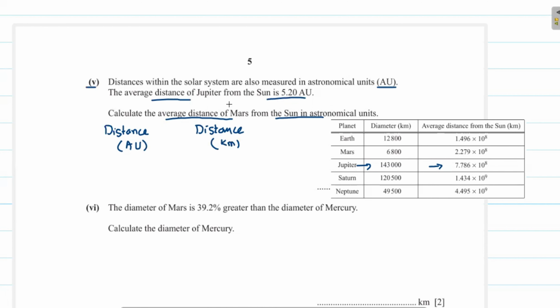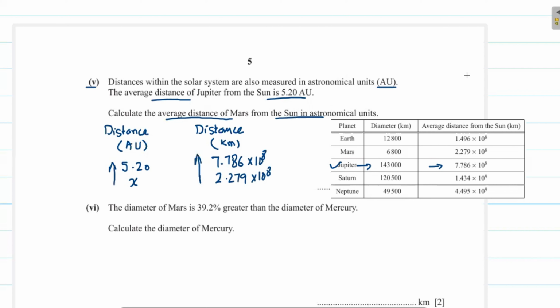You see here the distance of Jupiter from the Sun in AU is 5.2, and the distance of Jupiter in kilometers is 7.786 multiplied by 10 power 8. And we have to calculate the distance of Mars from the Sun in AU. We suppose that this is x, and the distance of Mars from the Sun in kilometers is 2.279 multiplied by 10 power 8.